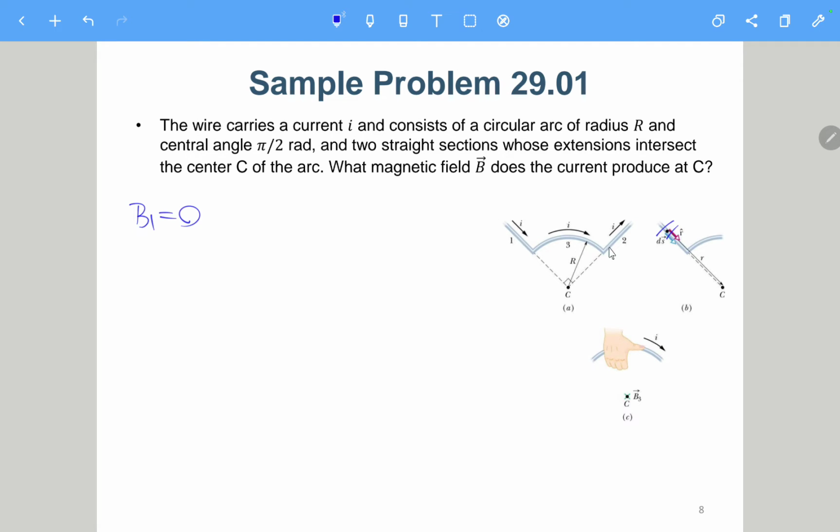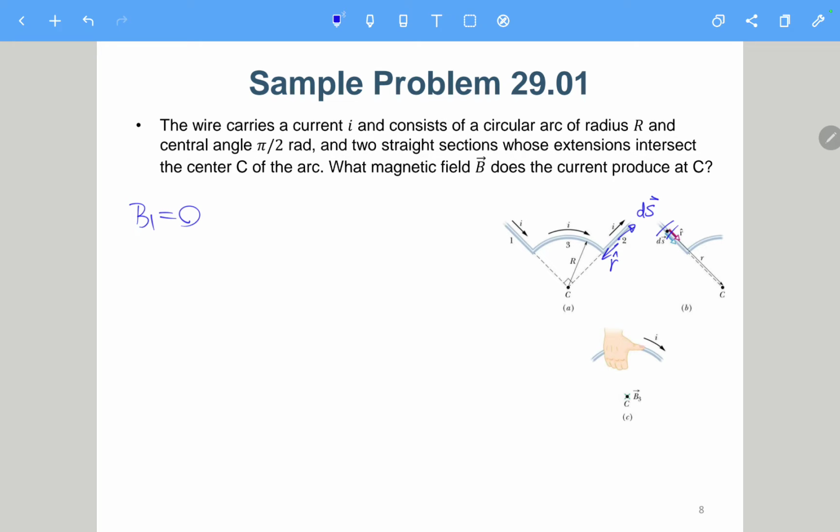Similarly, for segment 2, ds points to the top right, and r points to the bottom left. They point in opposite directions, which means theta equals 180 degrees.